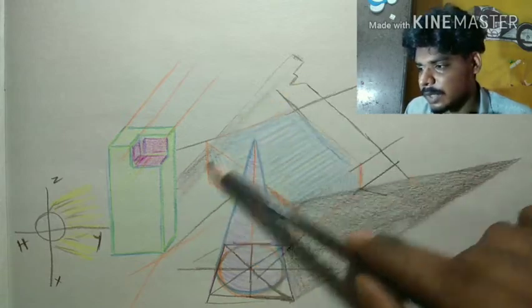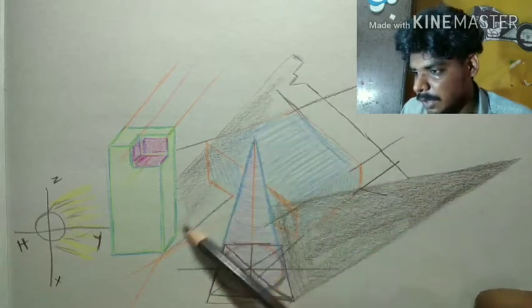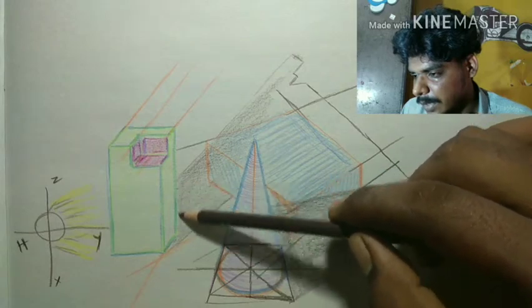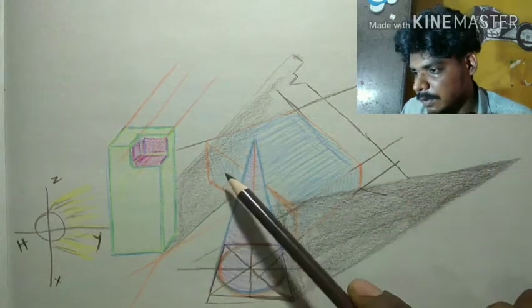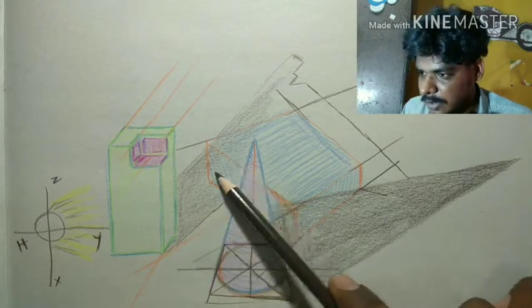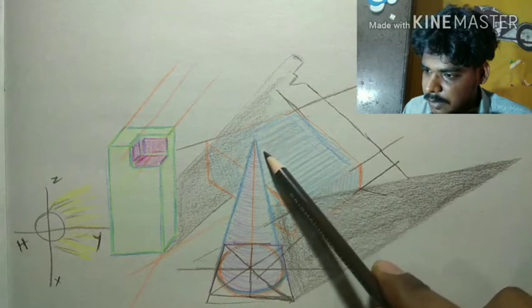The cone will project the shadow over the square. The rectangle will project the shadow over the square, and then the square projects over the shadow on the floor.